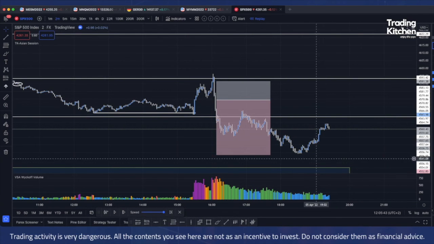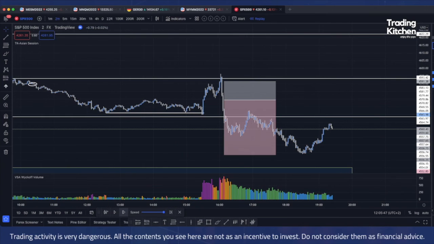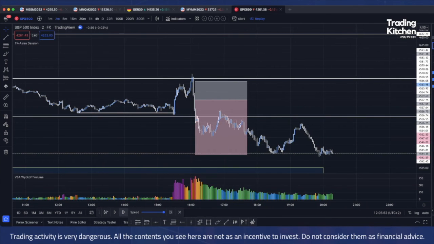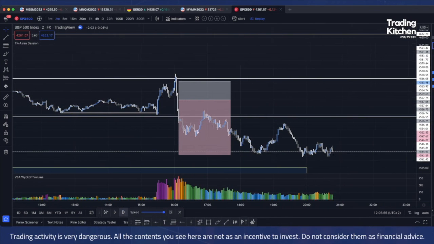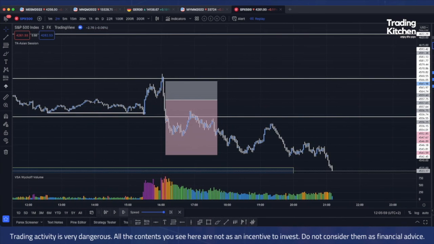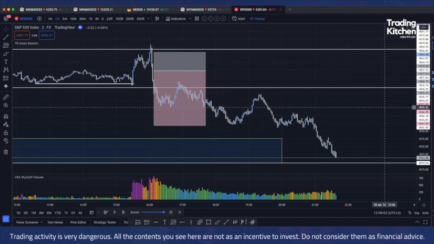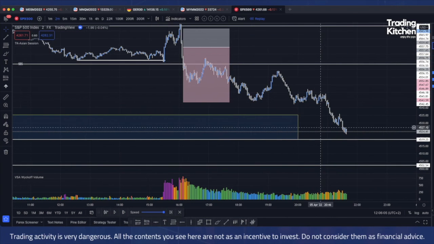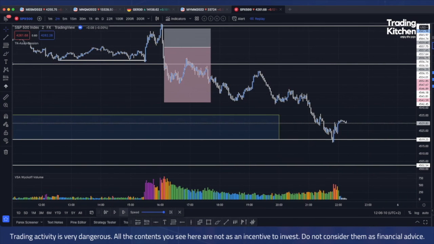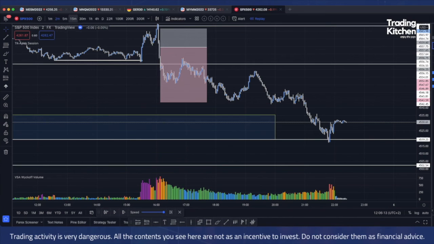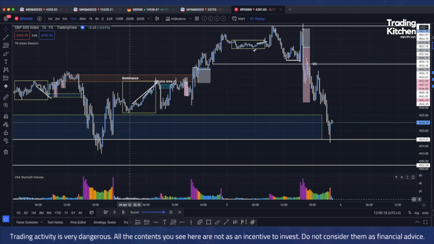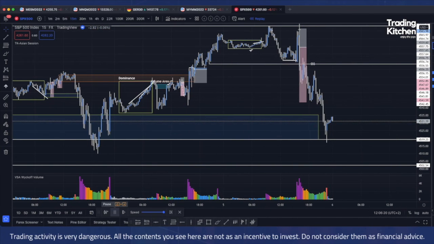Okay, so after 4 days, we have 2 trades, which I know is not enough, but you see, I'm very transparent with you guys. So this is what I do every day, and if I don't see any clear setup, I will not enter a trade. Okay, so it's 10 during the night, so it's not my trading time. So let's wait for a new day.